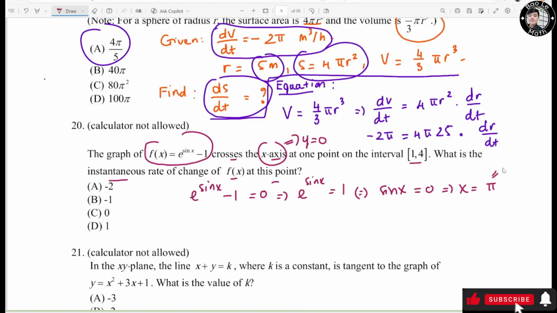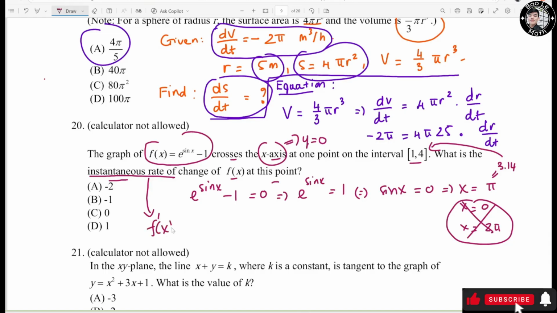Because pi, which is 3.14, is inside this interval. You could have s equals 0 or s equals 2 pi, something like that, but those are outside the domain, so we don't use them. Now, the instantaneous rate of change is the same thing as the first derivative. We use the formula for e to the u: u prime times e to the u, which is cosine s times e to the sine s.